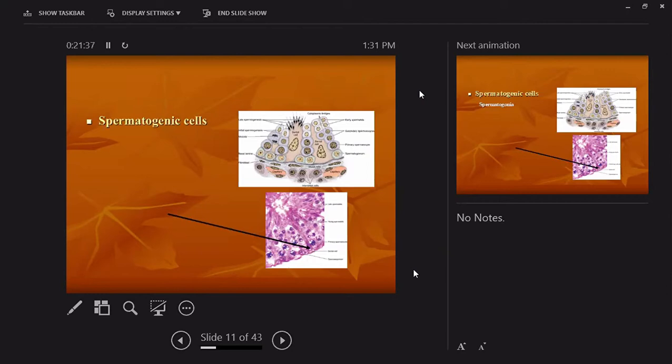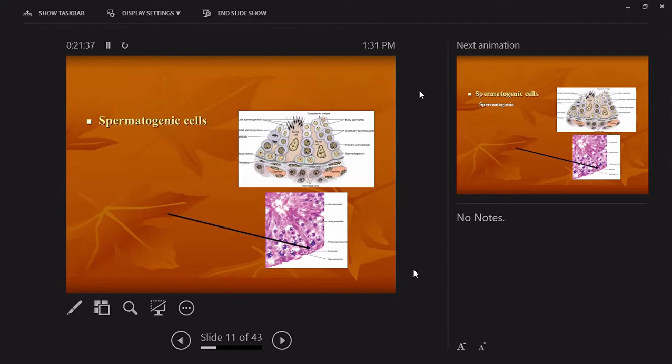Of course, the pale, its daughter cells too. After the maturation, type A, you have two again, and that would always be the ratio. And then we go to the primary spermatocytes.